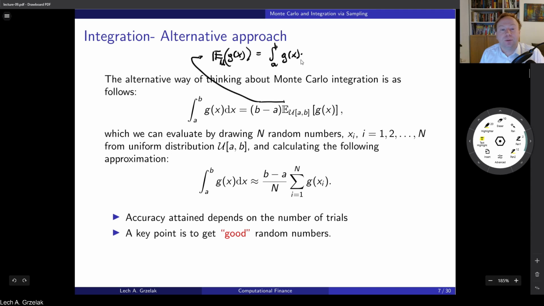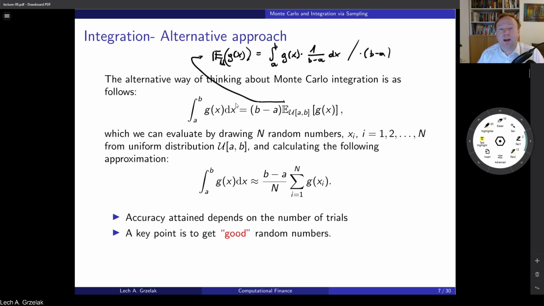The density of a uniform over the interval a to b is 1 over b minus a, and we have dx. You see this is a constant, we can take it outside. In order to get rid of it, we multiply both sides by b minus a, and this element will cancel, so we have exactly the integral on the left-hand side.